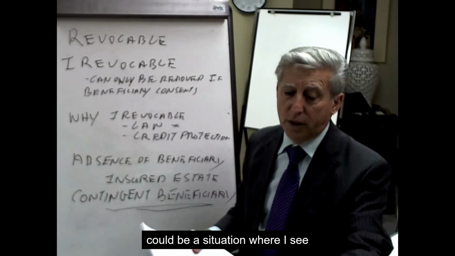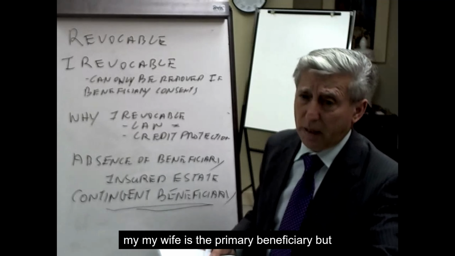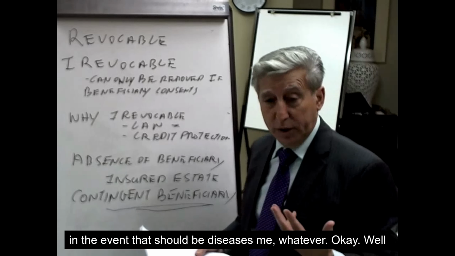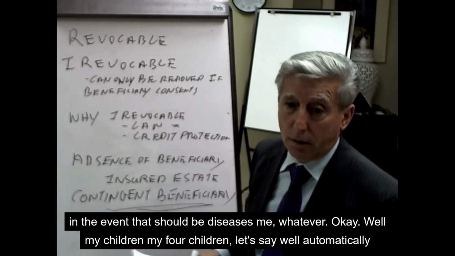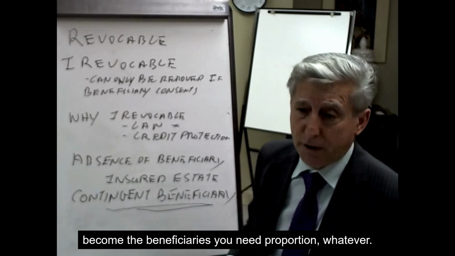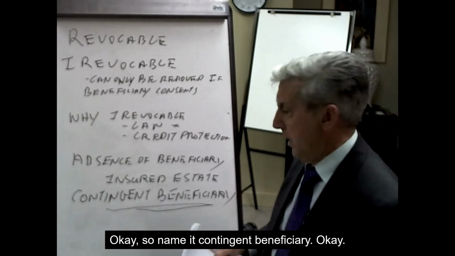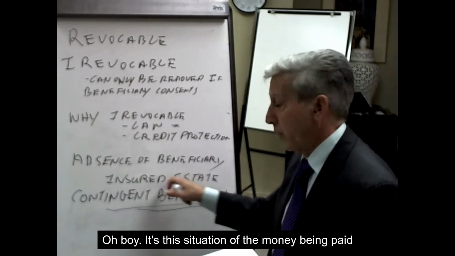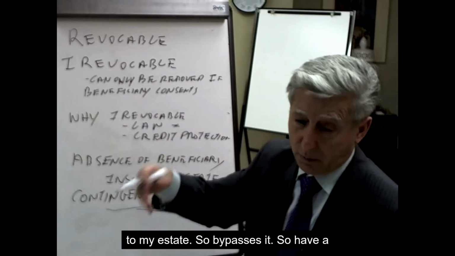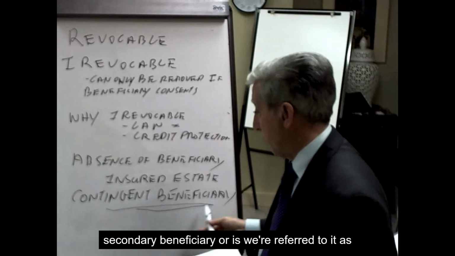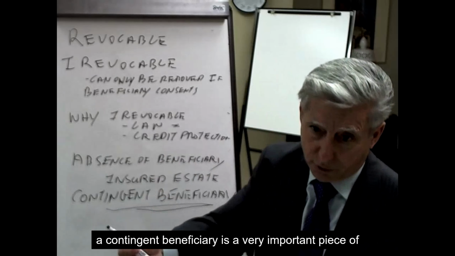So it could be a situation where I say my wife is the primary beneficiary, but in the event that she predeceases me, all my children, my 4 children, let's say, will automatically become the beneficiaries in equal proportion. So naming a contingent beneficiary avoids this situation of the money being paid to my estate.